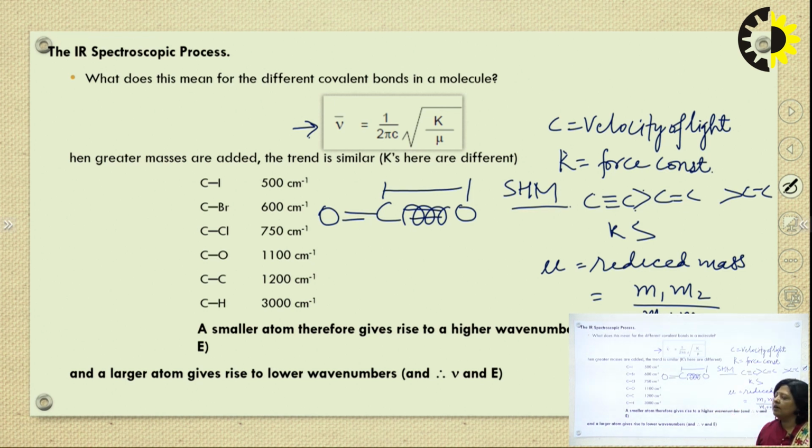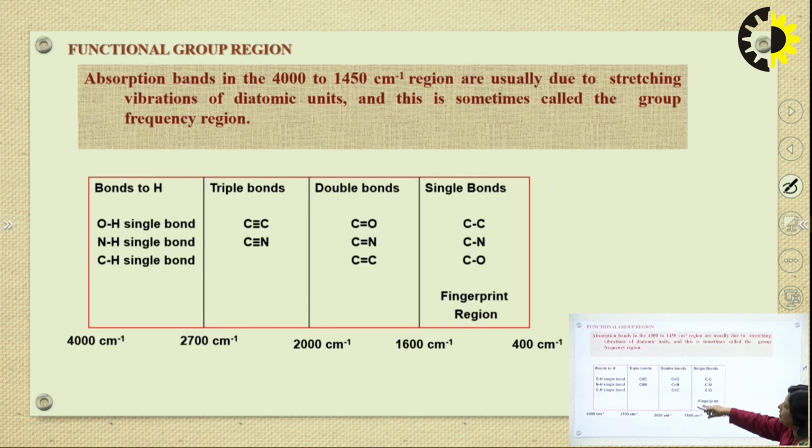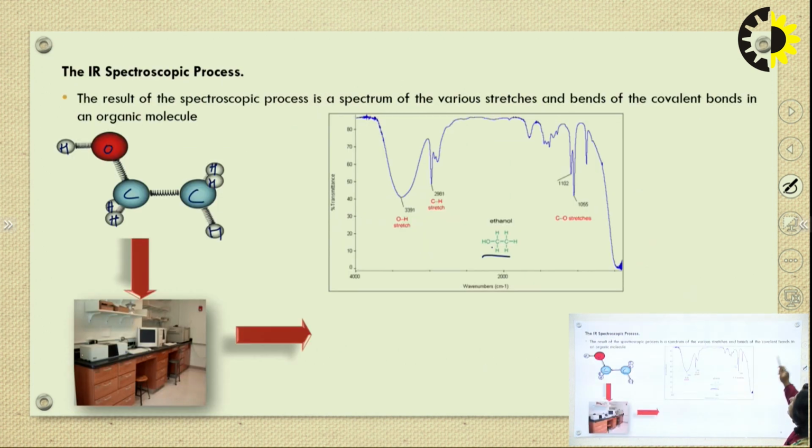From this formula we can find a specific frequency designation, and we verify it against the functional groups and regions.